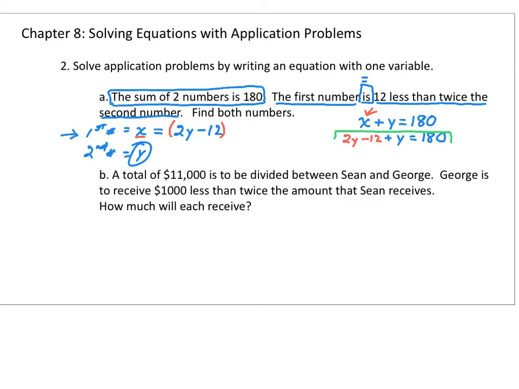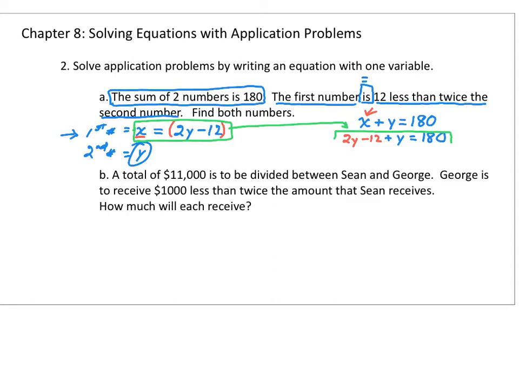So when we started out and we said the first number is x and the second number is y, we made it so that we had to do an extra step, which is okay, because a lot of people get it better that way. The extra step we had to do was to finish writing this expression for that number and put it into our equation so that we would have an equation we can solve.